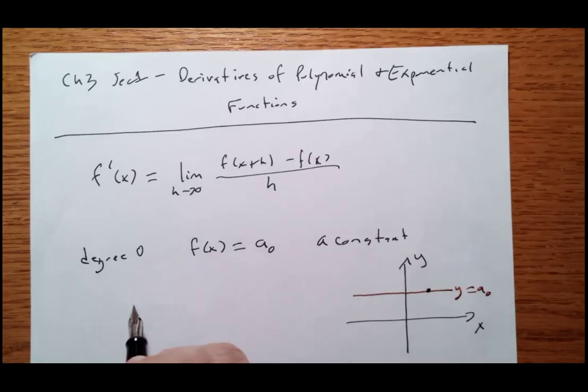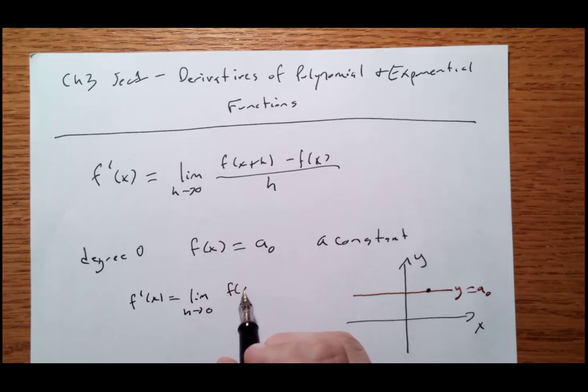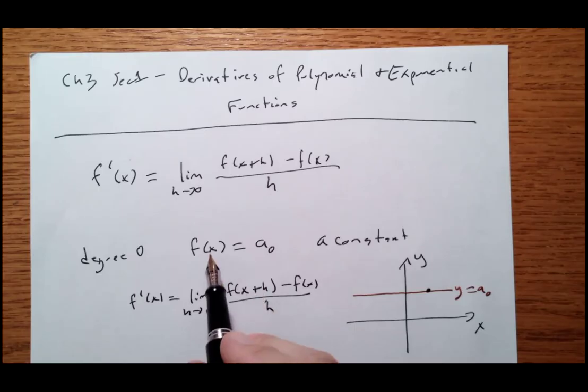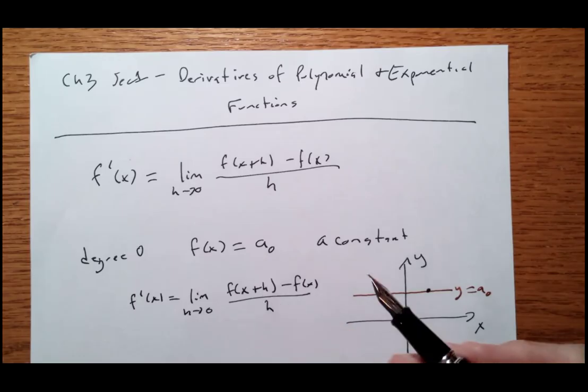If this is my f of x, f prime of x, using this same derivative definition, but what's f of x plus h? You plug in x plus h up here, you get a0. What's f of x? You plug in x, you get a0.